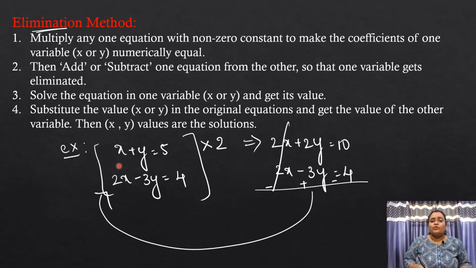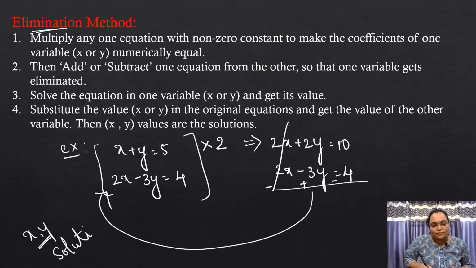You can substitute in any of the equations you like, but we will try to make it simple by substituting in an easy equation. You will get the value of x. So that x and y will be the solution of the given pair of linear equations.